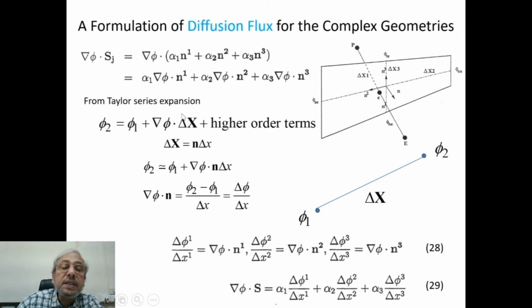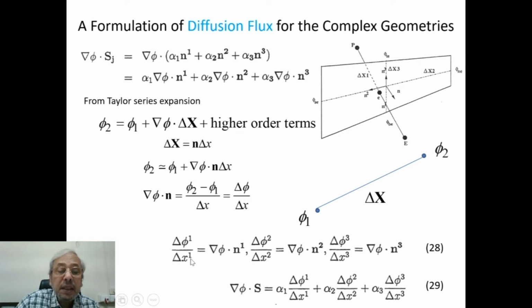This dx is a vector, and this can be written as n dx, and this is scalar. So basically grad phi dot n is given by phi 2 minus phi 1 by delta x. So delta phi by delta x.